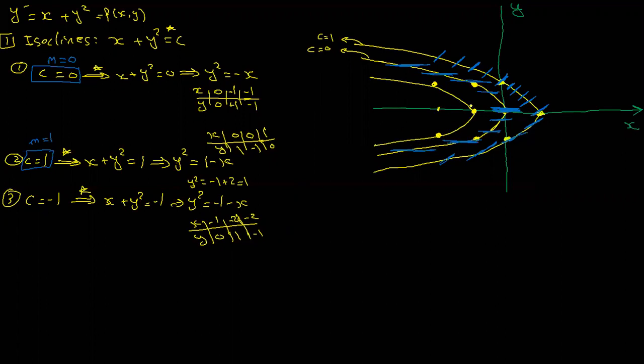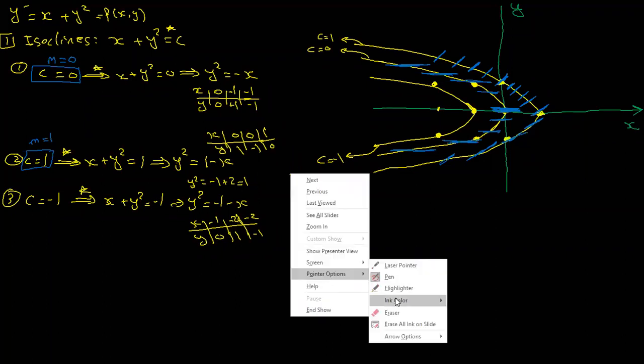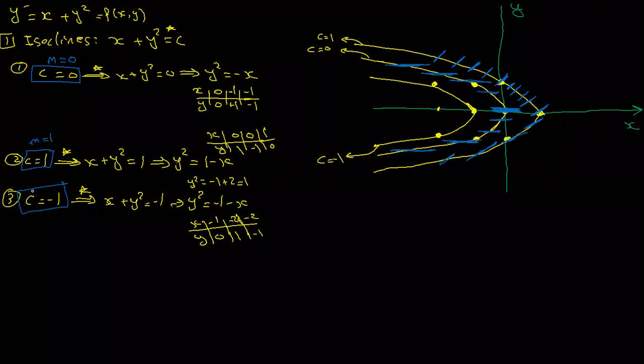Let me write here that this isocline comes from C equal -1. And on this new isocline, I'm going to draw the slope field, which is a small line segment with a specific slope. And this slope is now -1. This is my M equal -1.